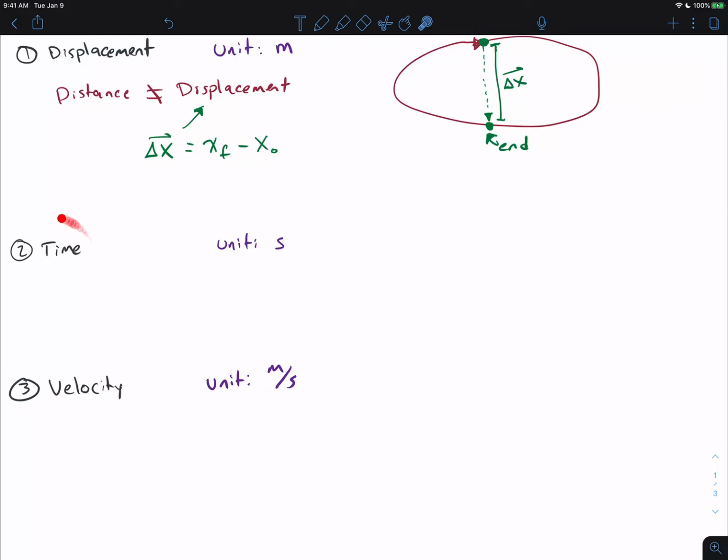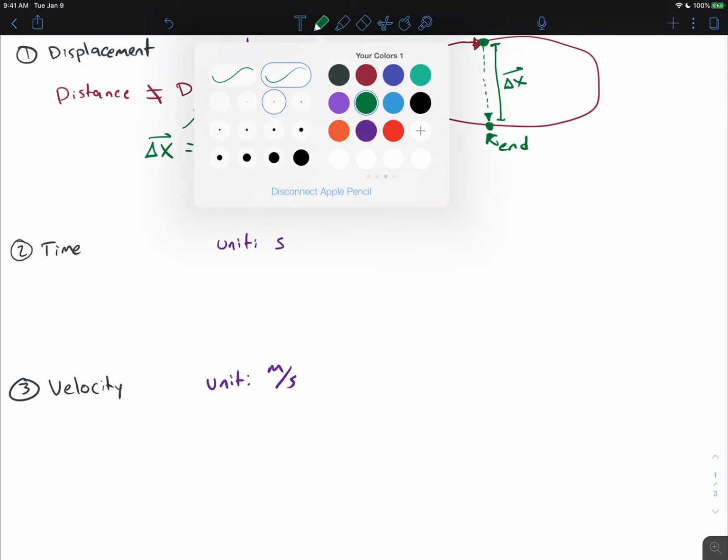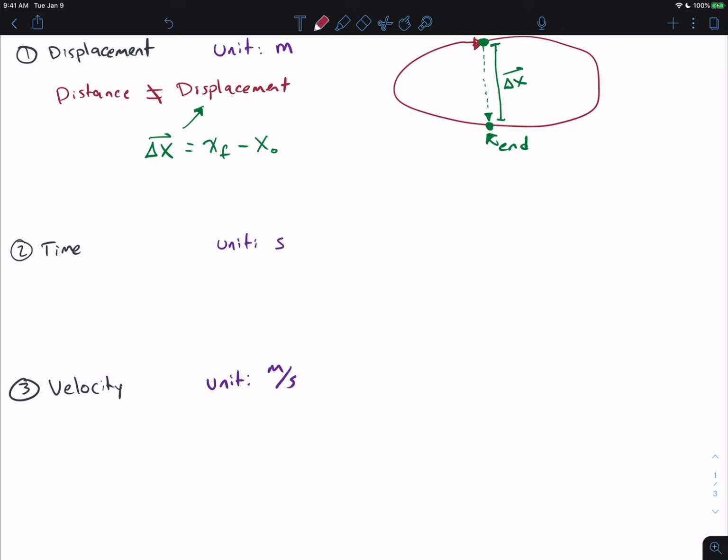Next we have time. Of course, this is just normal time. Time is going to be a pretty standard thing that's going to connect a lot of ideas for us. One thing that I want to show you guys here is the unit is in seconds.